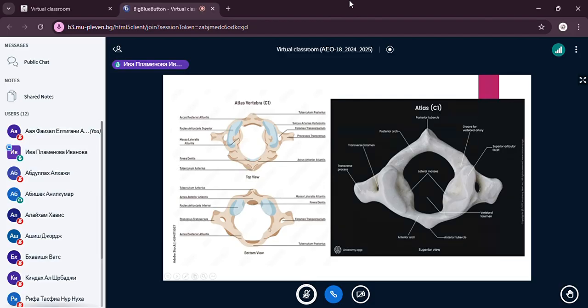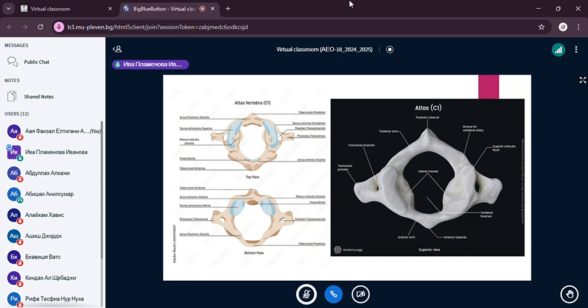The posterior arch, transverse process with transverse foramens. On the posterior arch, we have posterior tubercle. On the anterior arch, we have anterior tubercle with fovea dentis on the inner surface. The lateral masses, vertebral foramen between the two arches and the lateral masses, transverse process with transverse foramen.